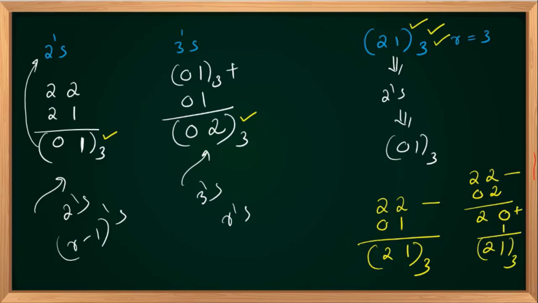So if you're taking r's complement twice, you will end up with the same number. Again, if you're taking r minus 1's complement twice, you will again end up with the same number. That is very simple, digit-wise subtraction. Right? Clear?